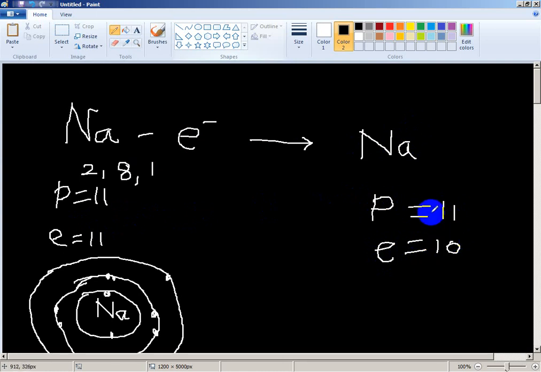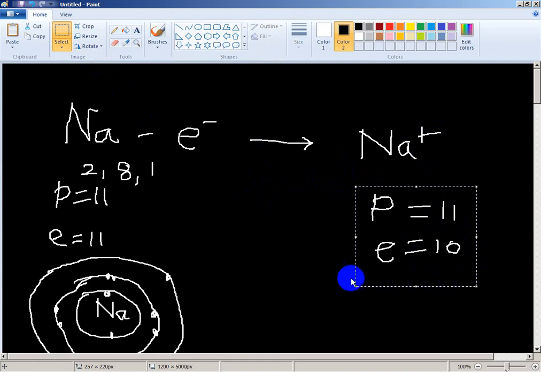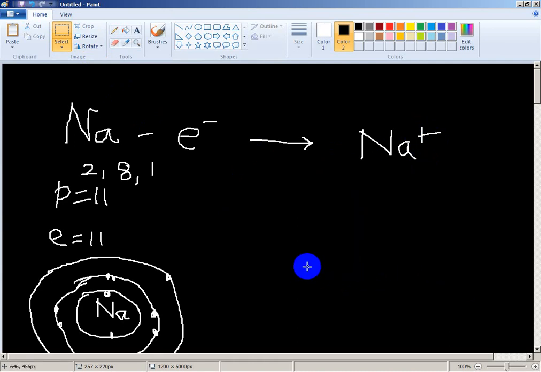Proton is 11, electron is 10. The proton number is more, so it is positive. How much more? 1. So it forms a 1 positive charge.